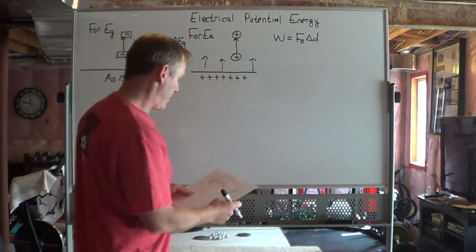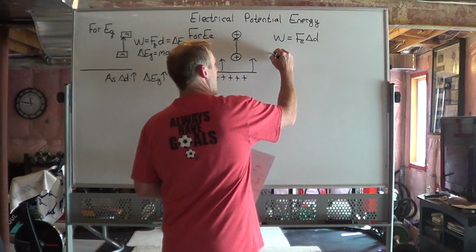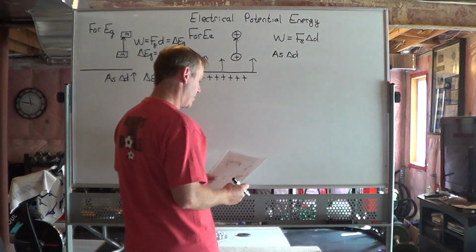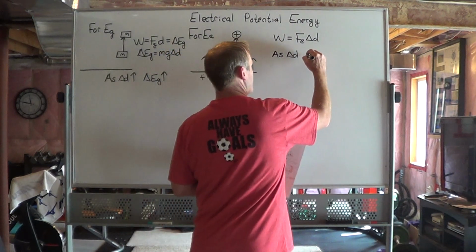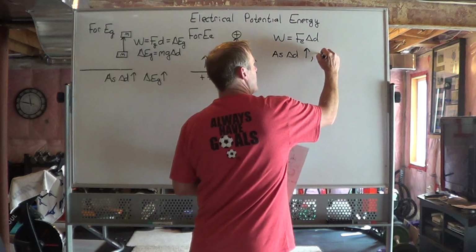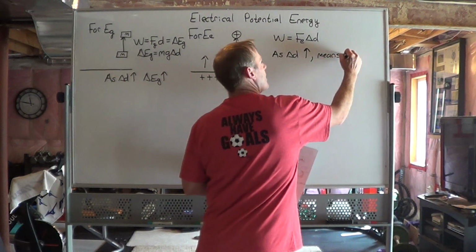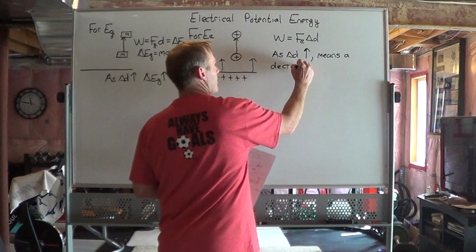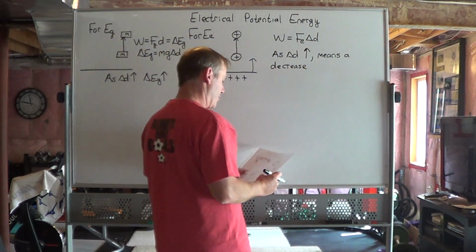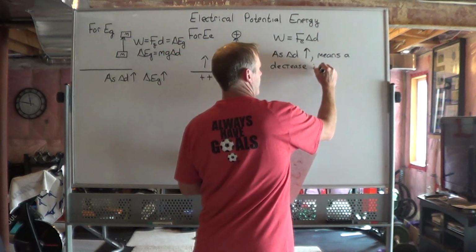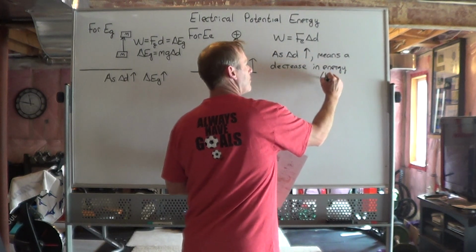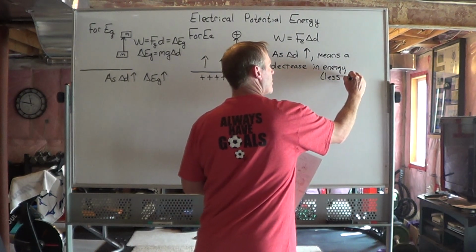And so the trick here is that as delta d, our distance, increases, it means, as I said, a decrease in our electric potential energy. And again, it's because it is now less repulsed.